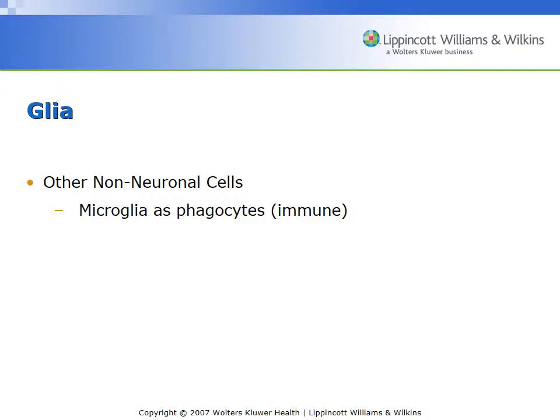There are cells that are called ependymal cells. These are basically, they line the fluid-filled ventricles within the brain, and their role is to direct the migration during brain development.